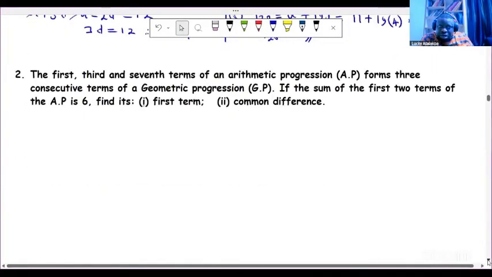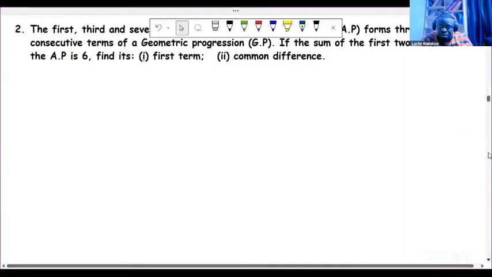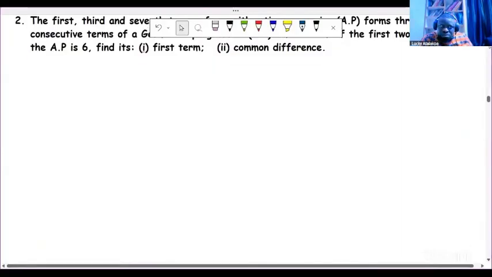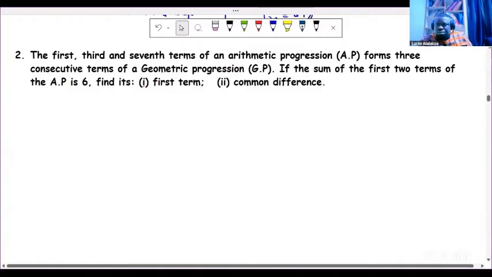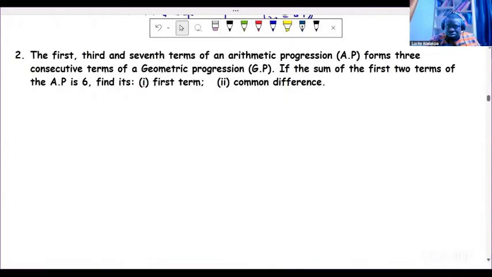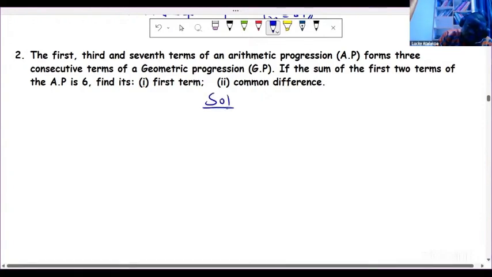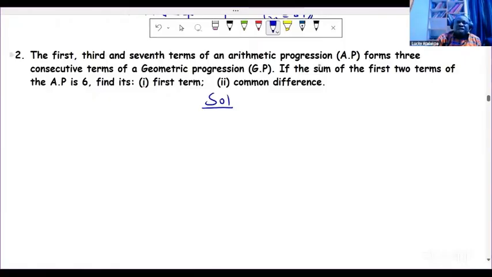So let's look at the second question. Second question says that the first, third, and the seventh term of an arithmetic progression, AP, forms three consecutive terms of a geometric progression.